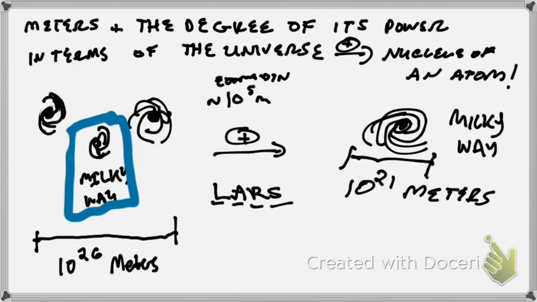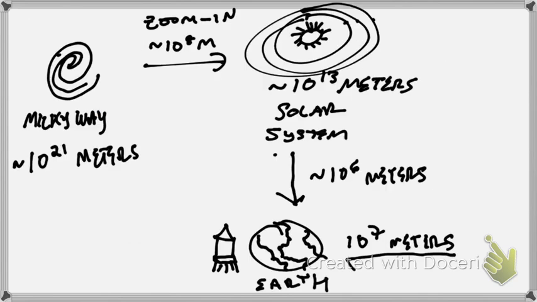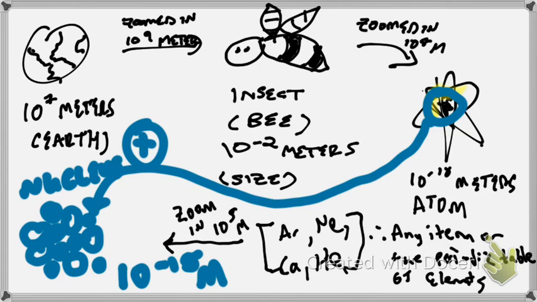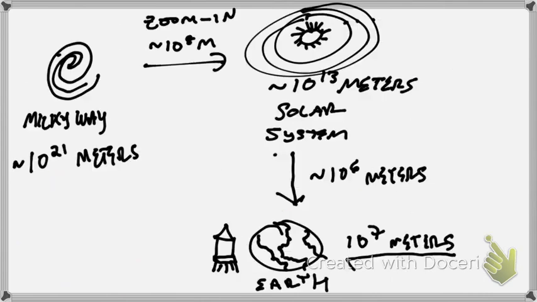We go from the universe to a galaxy, then to the solar system, then to planet Earth, then to an insect, then to an atom, and finally to a nucleus. So we're seeing a complete view of the power of the metric system, and just how important lengths are.